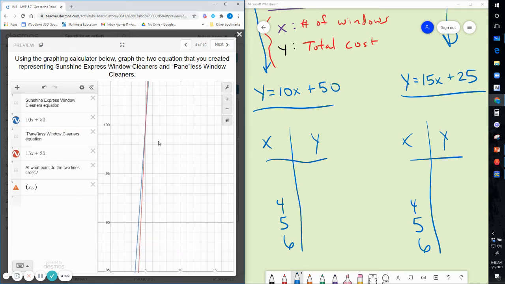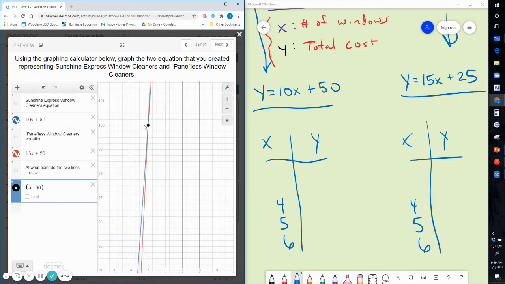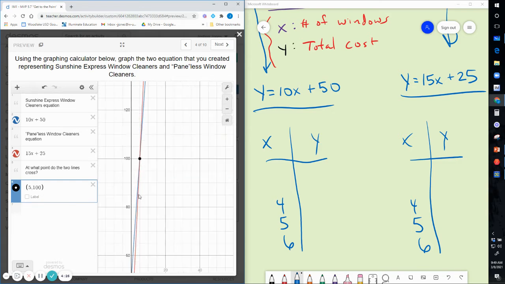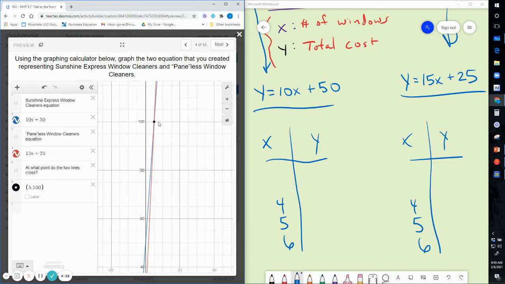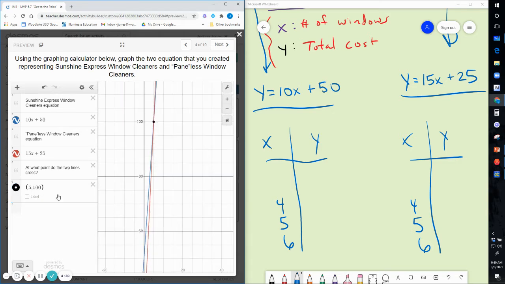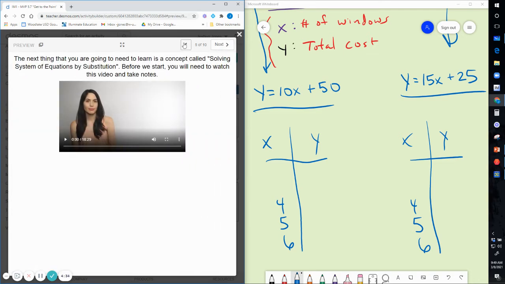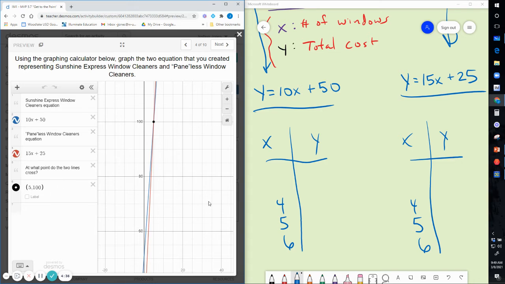Do they cross right here, it looks like. I think they cross at 5/100. What do you think? Looks like it crosses both lines. Maybe you think it's something different. So go up there and make sure it crosses at 5/100. So what does that mean? Okay, what does it mean if you say it crosses at 5/100?